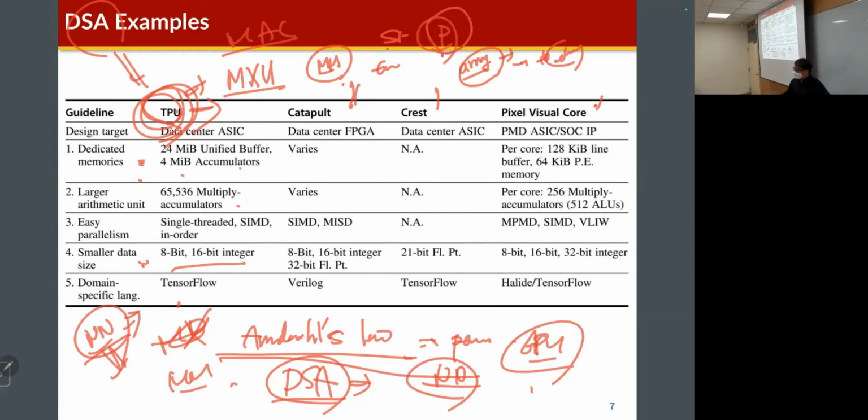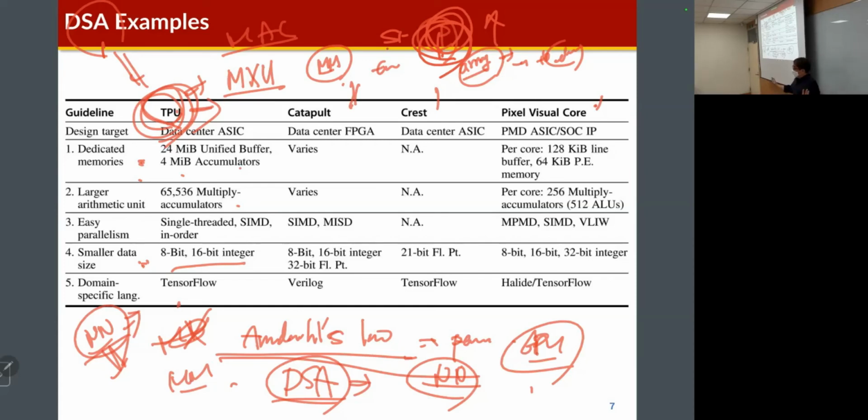And this P is increasing recently. So if we improve the performance of this fraction P with the domain-specific architecture, then we can improve the performance.